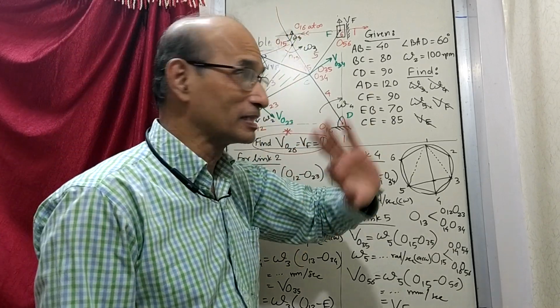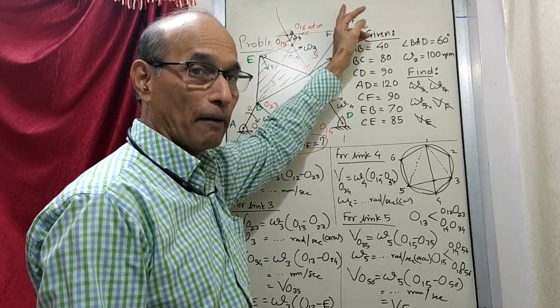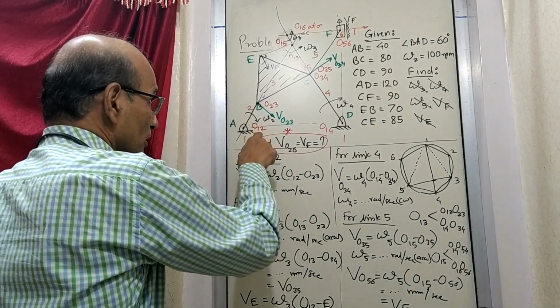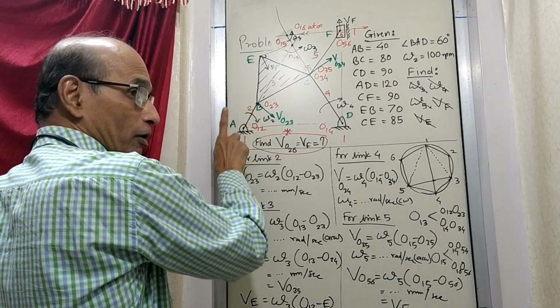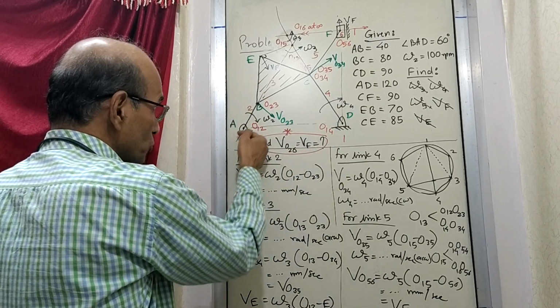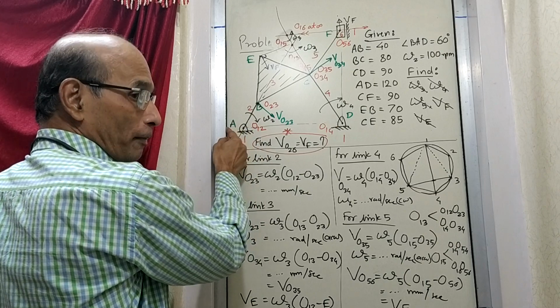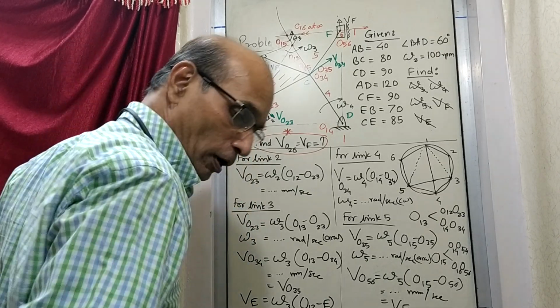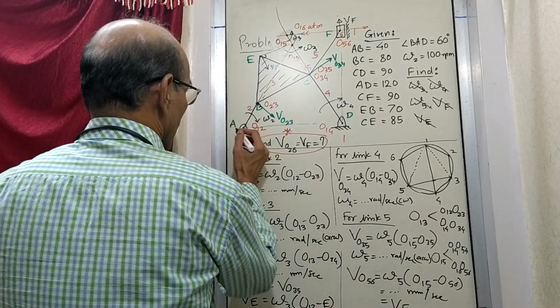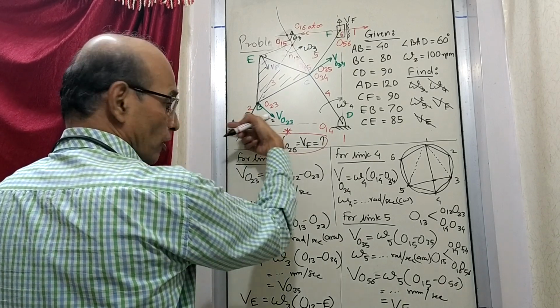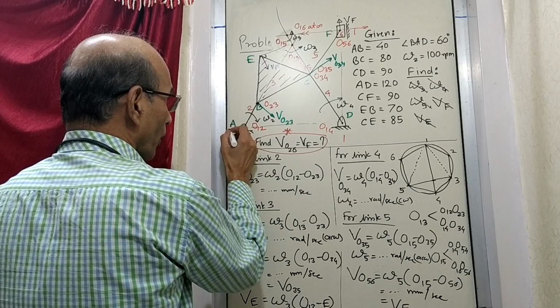You can also realize that, since this is anyway going up, that means this angular velocity is like this, and the point on link number 2 you should have velocity up. That means this 26 you are going to get on this horizontal line towards the left of A. So on the left of A, suppose I draw a line like this, then on this line somewhere on this left side you will get the 0.26.